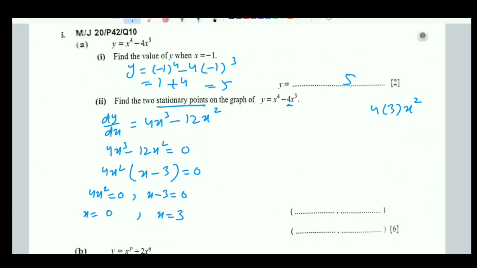Now you have to put these values in the equation to find the value of y. If you put x is equal to 0, you will get y is equal to 0.